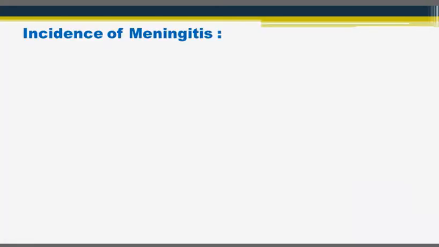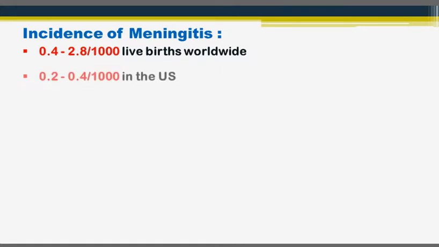Now, if we go specifically to talk about the incidence of meningitis, because this is a very serious form of neonatal sepsis, we can say that it is about 2.8. It's less than sepsis in general, worldwide, and it may be less than 0.5 per 1,000 in the United States.